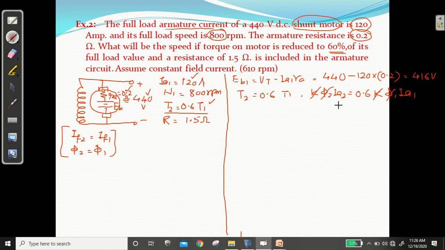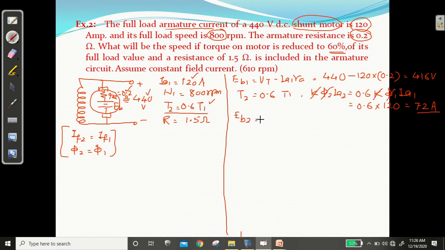Now IA2 equal to what? IA2 equal to 0.6 of IA1. IA1 is 120, so I think it is 72 ampere. 12 into 6, 72 ampere. So I got IA2, 72 ampere.